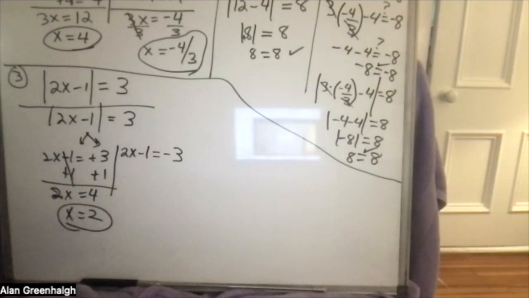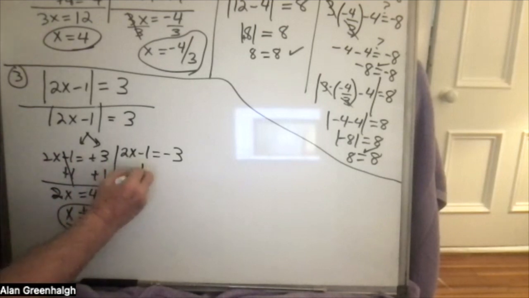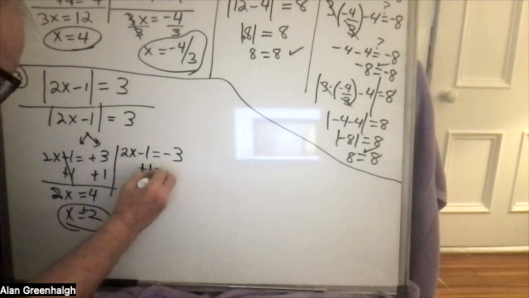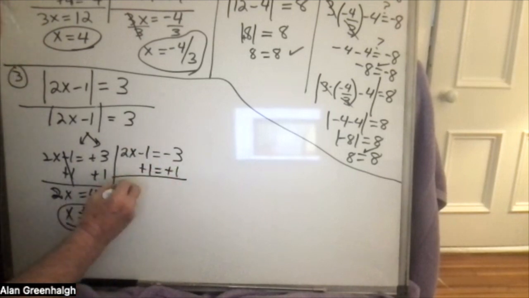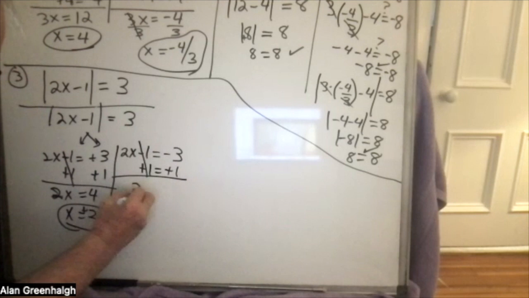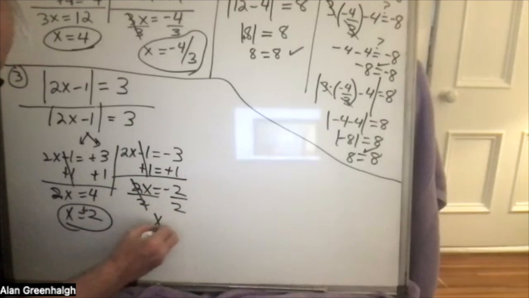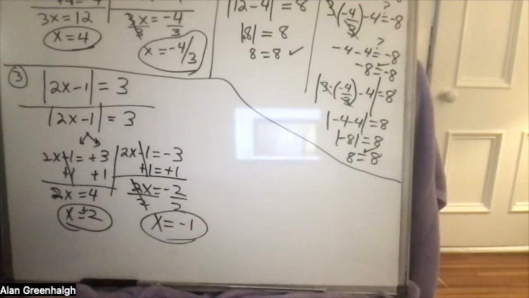X can equal positive 2. And X can equal negative 1. These are the 2 answers.